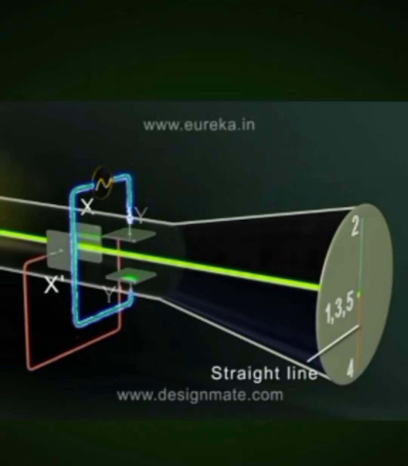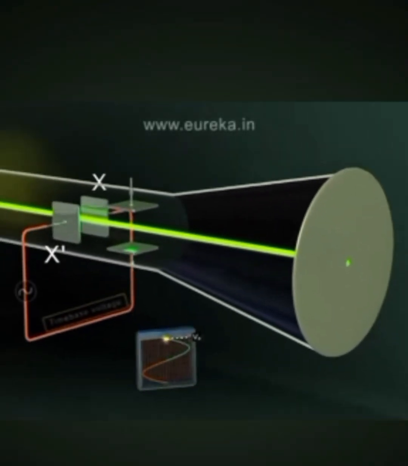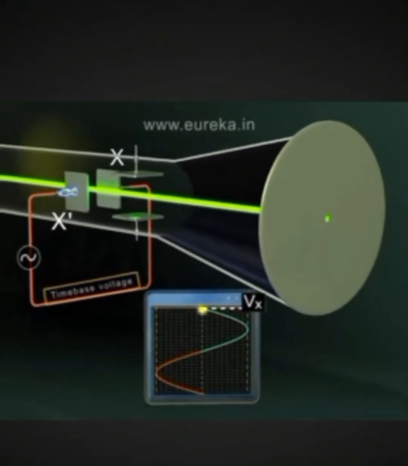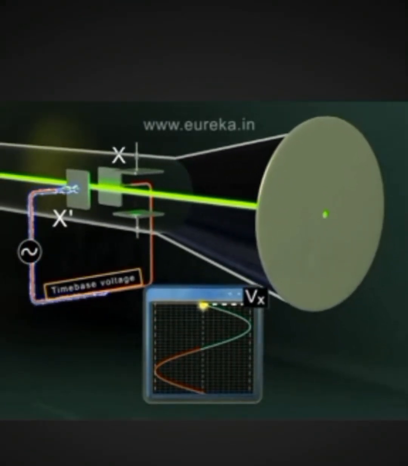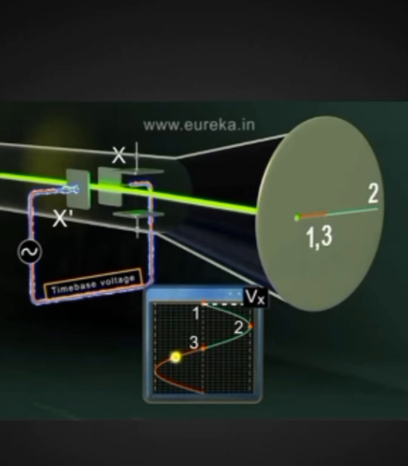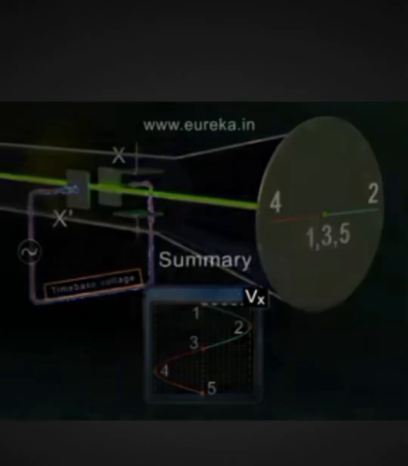Similarly, when a potential difference or AC signal, time-based voltage, is applied to X-dash plates, it makes the spot move in the horizontal direction. Applying sinusoidal signal, the spot reaches the end of the screen and again flies back to the starting point, tracing out a straight line on the screen.